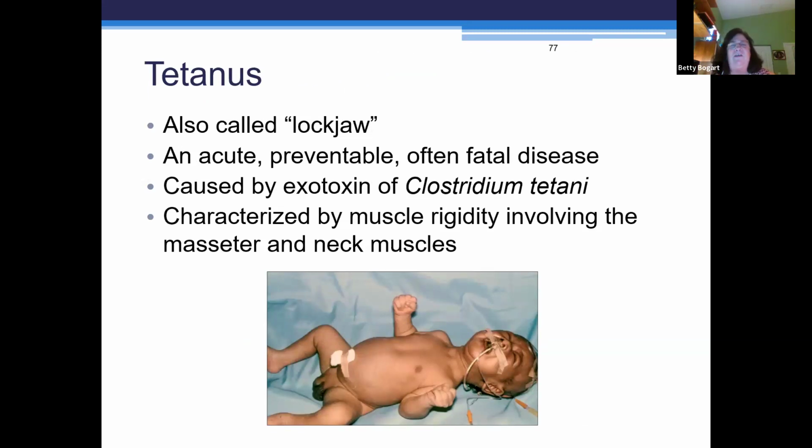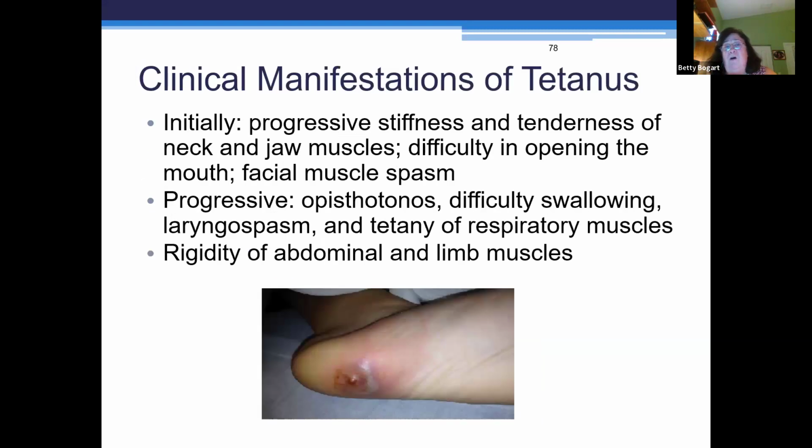Tetanus causes stiffness of the upper neck and jaw, and swelling that can include the airway and stop the breathing. So it is a dangerous thing where you will start seeing difficulty swallowing, laryngospasm, and then they're not breathing, and then everything is rigid and tight.